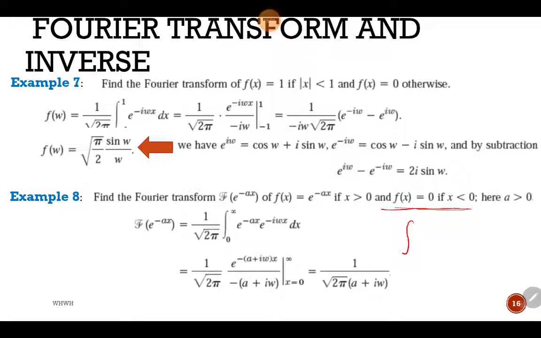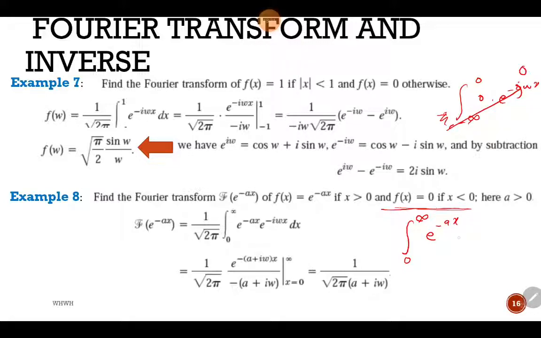Kalau saya tulis kat sini negative infinity to 0, nilai f(x) adalah sama dengan 0. So no point, kita tak perlu buat yang ni. So this one is equal to 0. So kita punya integration is from 0 to infinity. Okay, dan f(x) kita adalah e kuasa negatif ax.